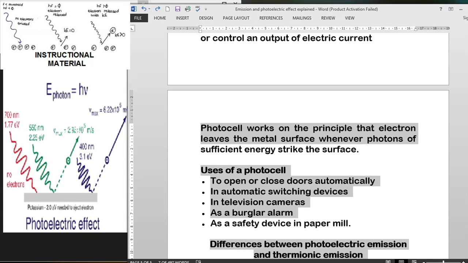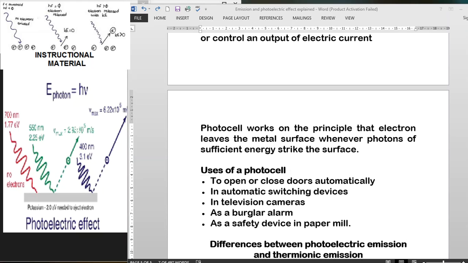When there is an emergency, the photocell is able to trigger the alarm to start, right? It can also be used as a safety device in a paper mill. So these are some of the uses of the photocell.